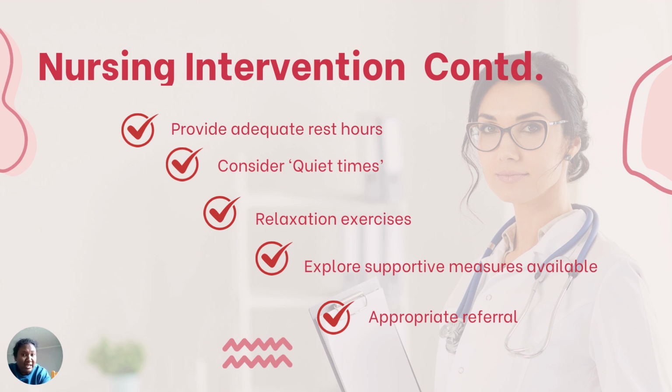So it's very essential that you consider, acknowledge and try to understand what they are into, and then provide the activities accordingly. It's also essential to provide quiet times, depending on your organization. If there are any prayer rooms or silent rooms available, you can consider suggesting them, or even going out with the family, at least to the premises of the hospital, to get some fresh air.